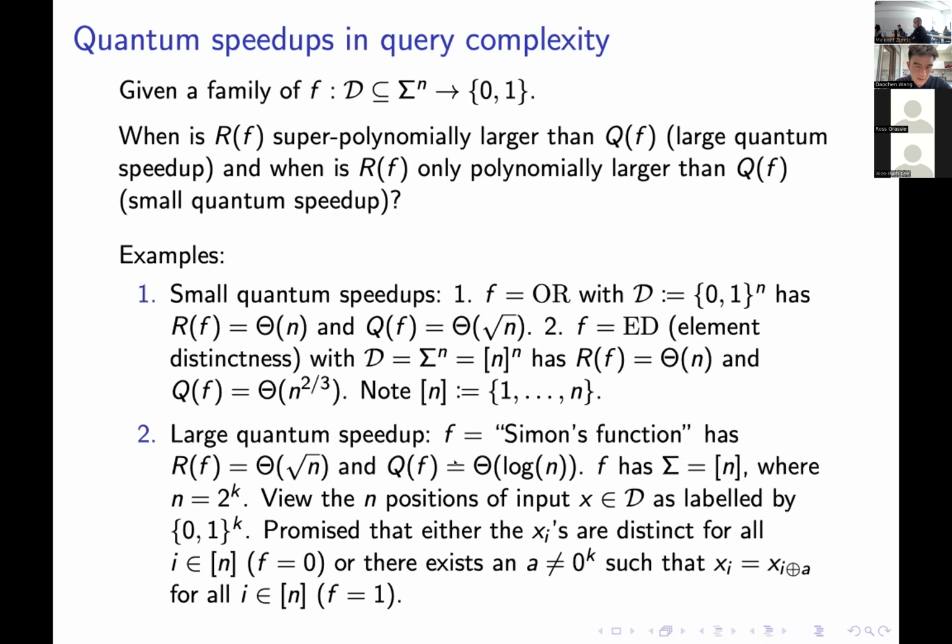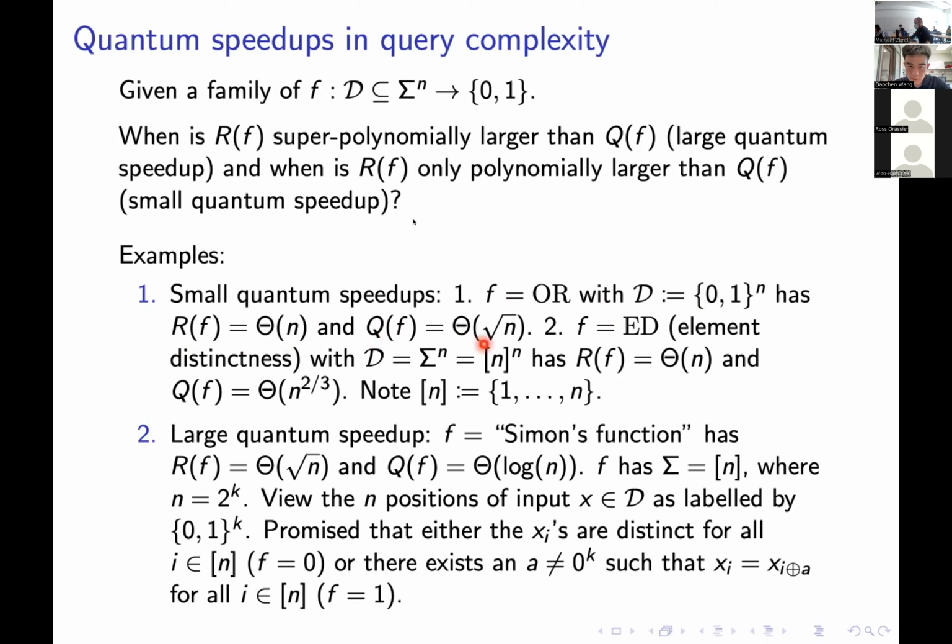Here are 3 examples of quantum speedups. 2 are in the small camp. The first is the OR function, which we have just seen, with D set to be the set of OR bit strings. We have just seen that R of this function is theta n. And in fact, by Grover search, we can show that the quantum query complexity of this function is theta the square root of n.